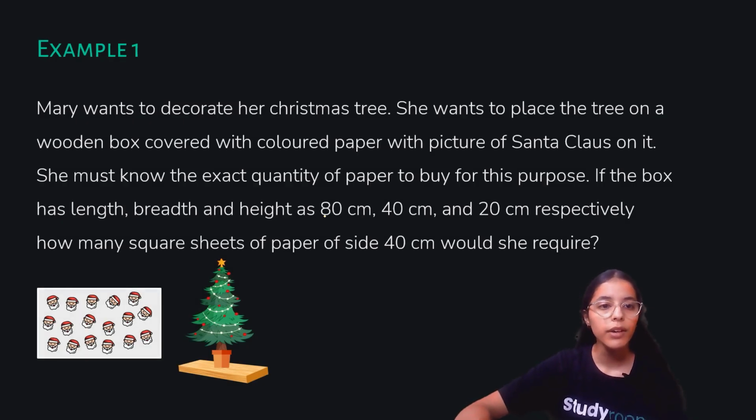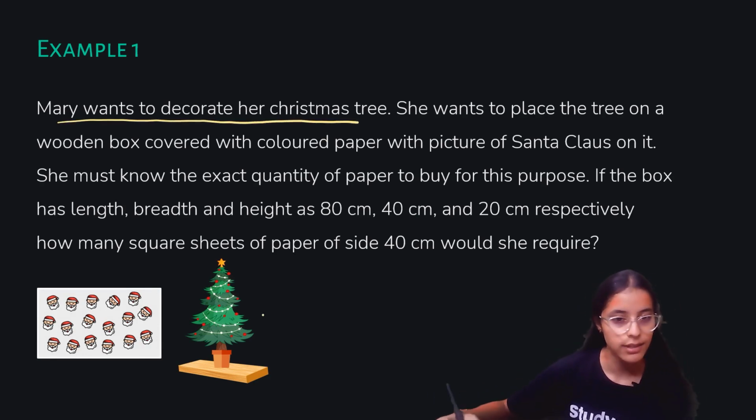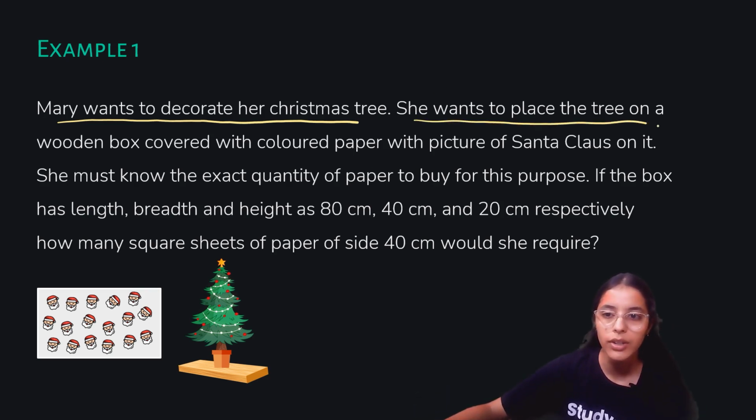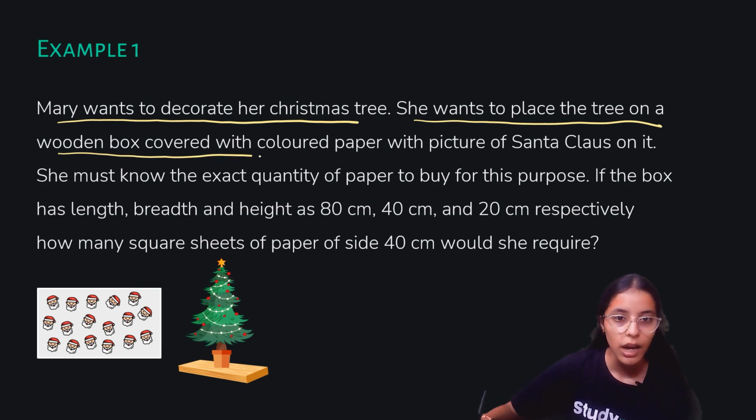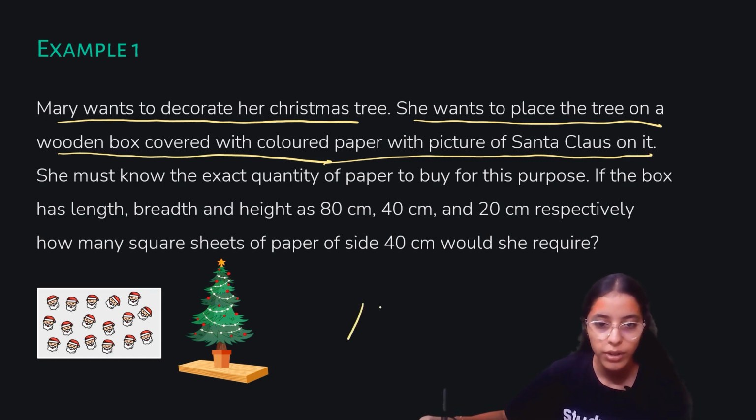Now let us move on to our first example. In this question, I'll just read this out. Mary wants to decorate her Christmas tree. She wants to place the tree on a wooden box covered with colored paper with the picture of Santa Claus on it. So let me draw a wooden box.